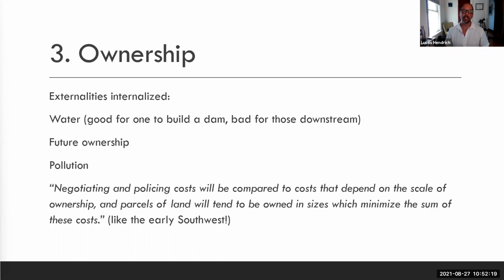And then, going back to the idea of pollution, and I'm going to quote directly here: negotiating and policing costs will be compared to costs that depend on the scale of ownership, and parcels of land will tend to be owned in sizes which minimize the sum of these costs.